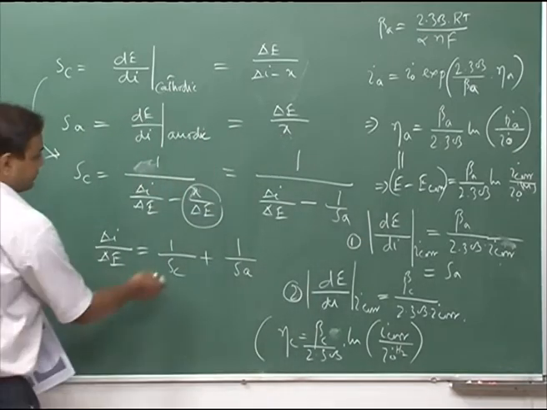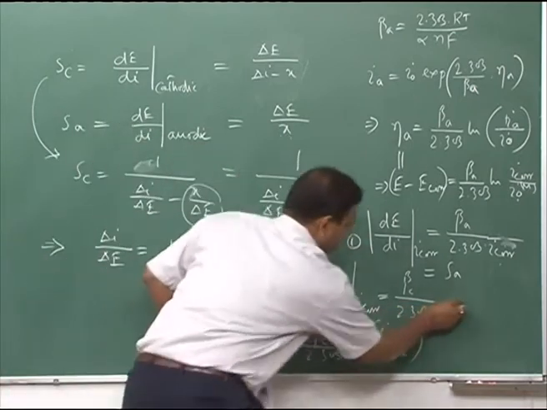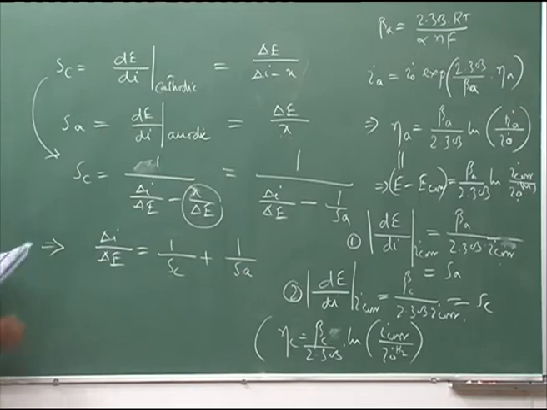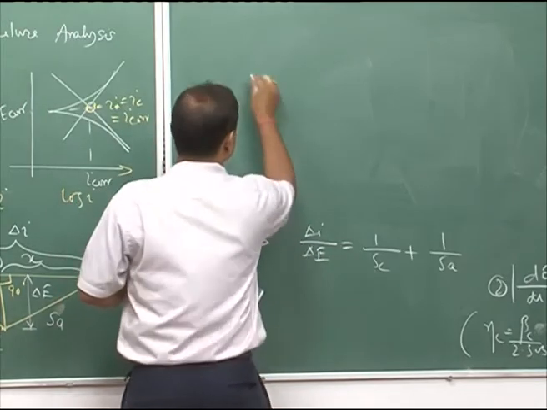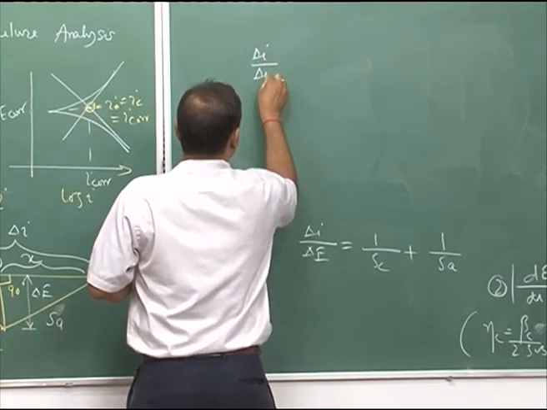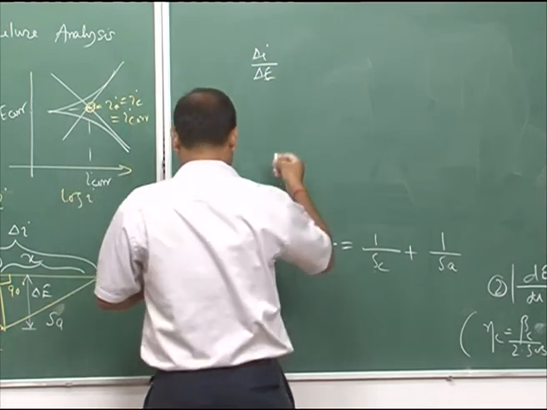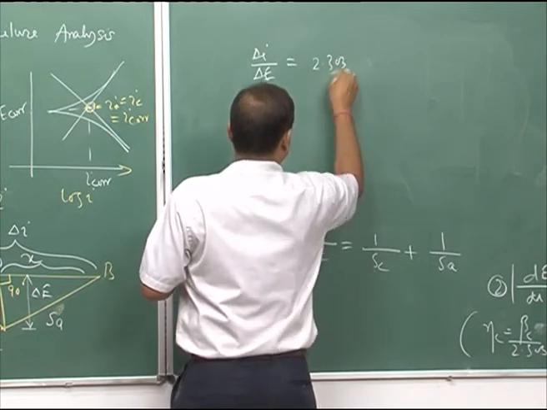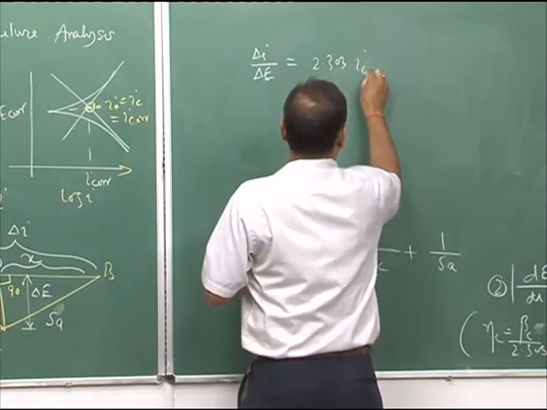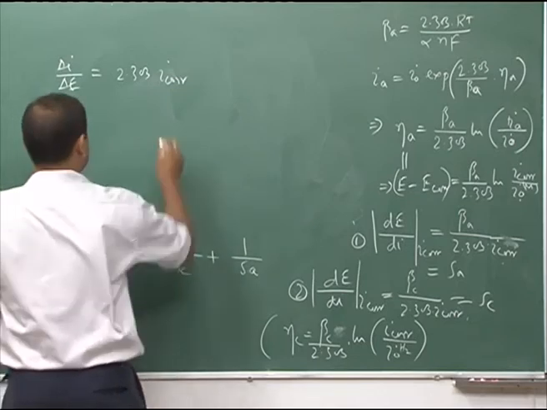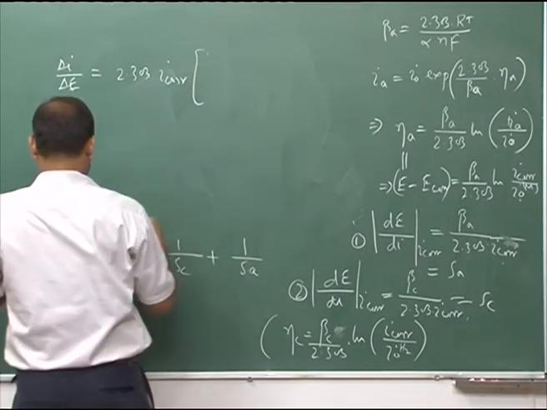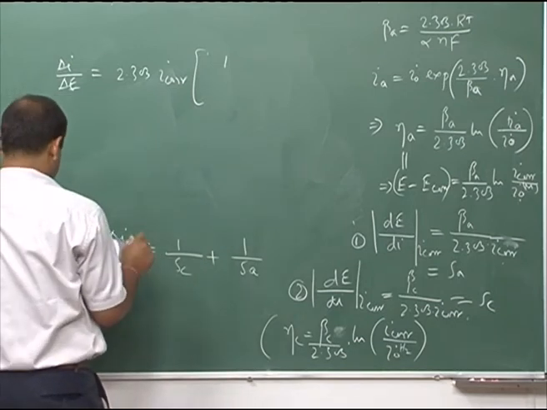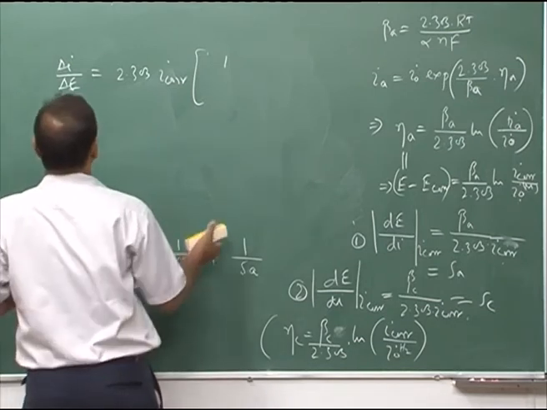Now, if we put the values of S C and S A, we can get del I by del E would be equal to 2.303 I corr, just a minute.